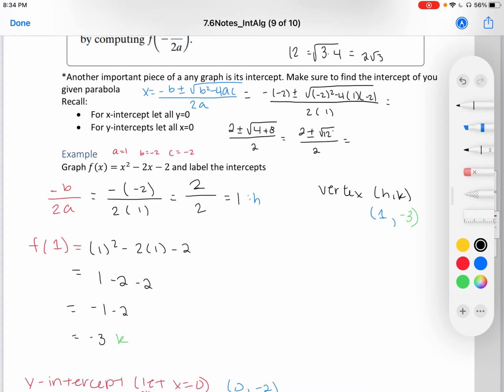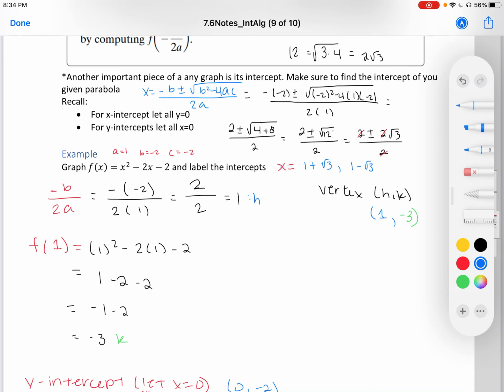So I have 2 square root of 3. So I have 2 plus or minus 2 root 3 over 2. Those 2's divide out. So that we're left with x is equal to 1 plus square root of 3, and 1 minus square root of 3.